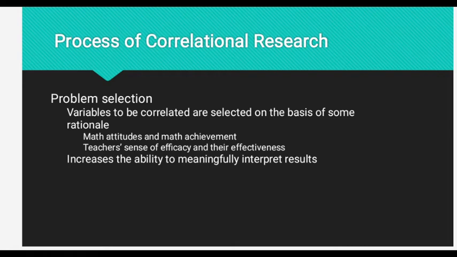Variables to be correlated are selected on the basis of some rationale. That is, the relationship to be investigated should be a logical one, suggested by theory or derived from experience.